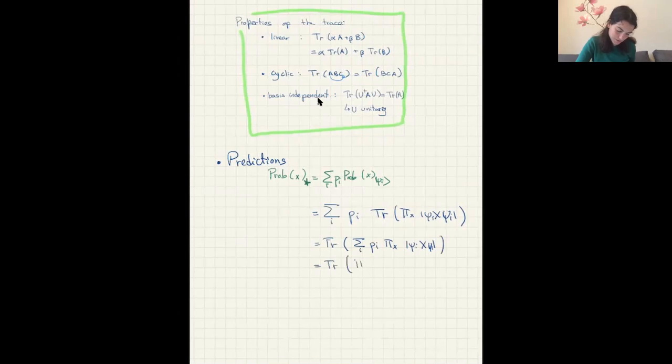So we just put the pi x here, and then we have the sum over I. The idea being that this is just a number, so it can go there, and then the sum can also go there.